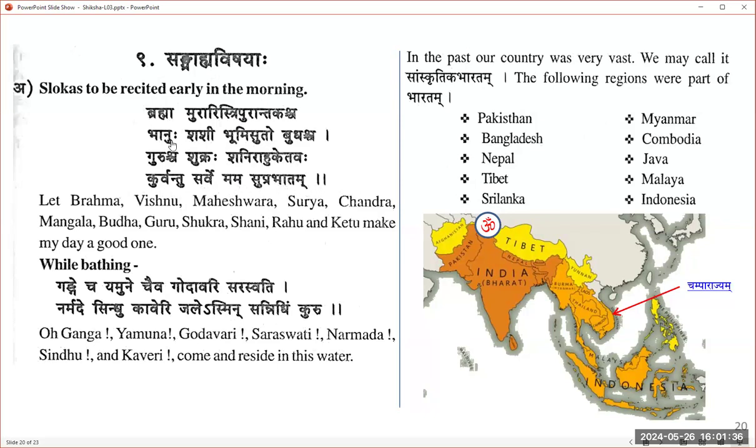I mean, they have to be in the correct houses for me to have a good day. So it's a little bit of Jyotisha also involved there. Brahma Muraris Tripurantakascha Bhanuhu Shashi Bhumi Suto Budascha Guruscha Shukraha Shani Rahu Ketavaha Kurvantu Sarve Mama Suprabhatam.